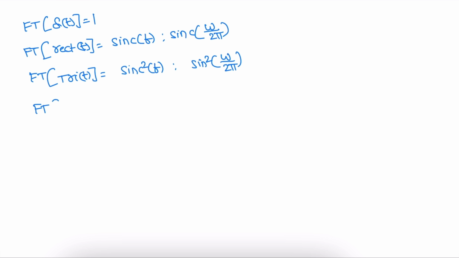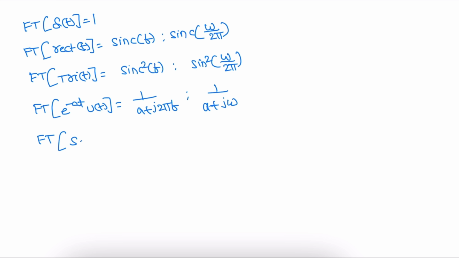Fourier transform of e power minus at u of t is 1 by a plus j 2 pi f, or 1 by a plus j omega. Fourier transform of signum function sgn of t is 1 by j pi f in frequency domain, or 2 by j omega.